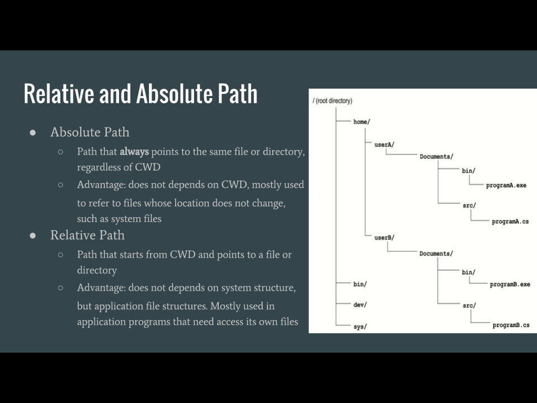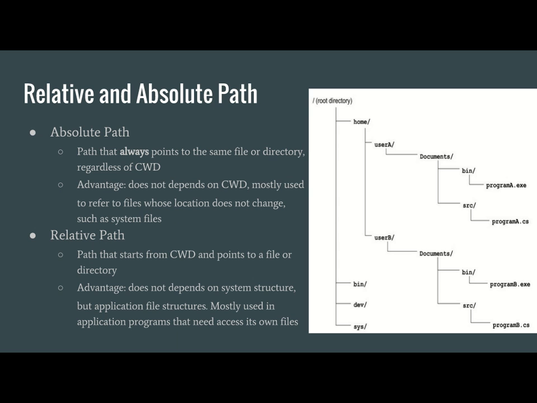So in order to find a file, we need to specify its path. The absolute path will start from the root directory and go all the way to a specific file. For example, if I want to find the absolute path of this program A.cs, we'll have /home/userA/document/source/programA.cs.